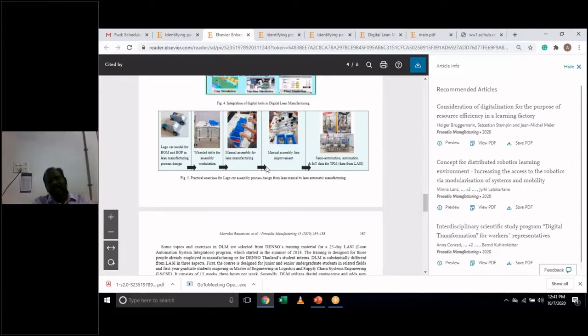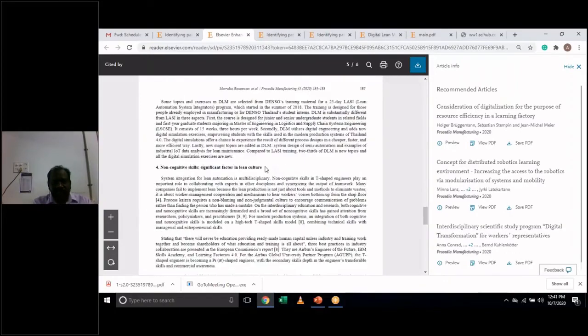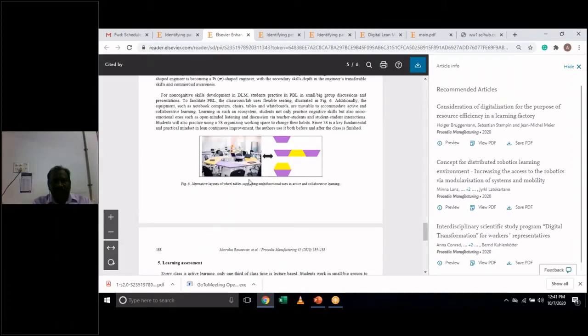These are the step by step things we can see. This is the layout of the wheel table.